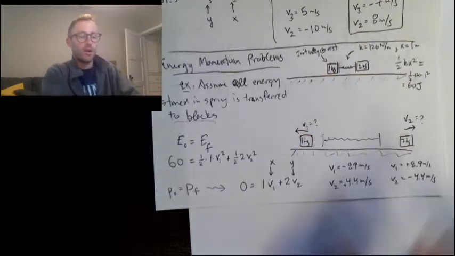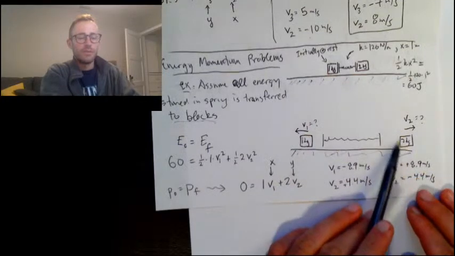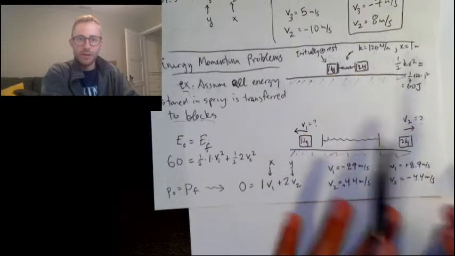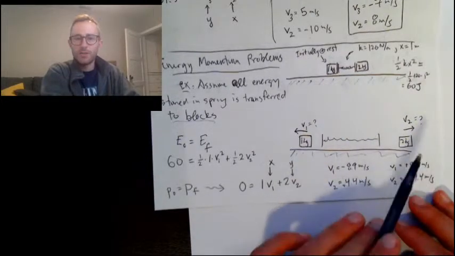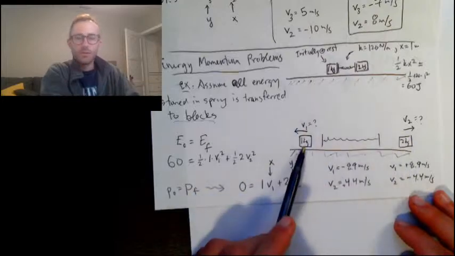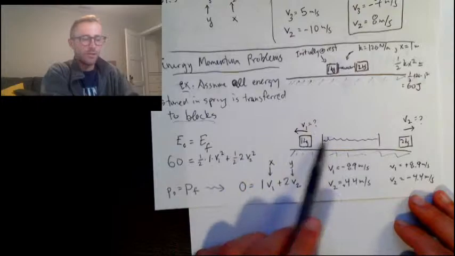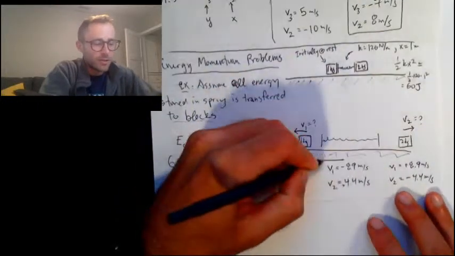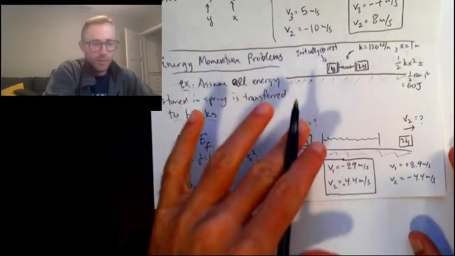The way I've drawn this problem, V2, the 2 kilogram block, gets launched to the right. So that means the 2 kilogram block should end up with a positive velocity. Similarly, the 1 kilogram block should end up with a negative velocity because it's getting launched to the left. So the correct solution is this one, from the perspective of this.